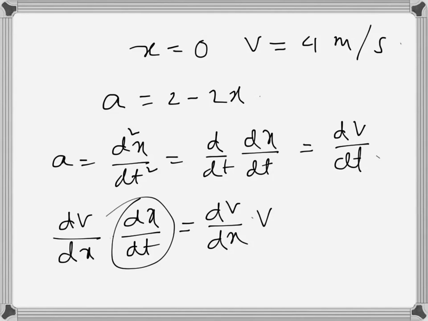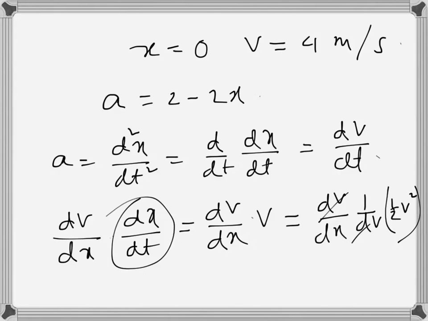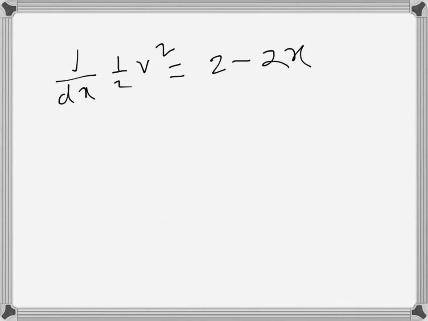We can write 1 over dv of half v squared, and the differentiation of half v squared is v. So this dv goes away, and this one is acceleration now. So basically half v squared, from this we will get a relationship between v and x.